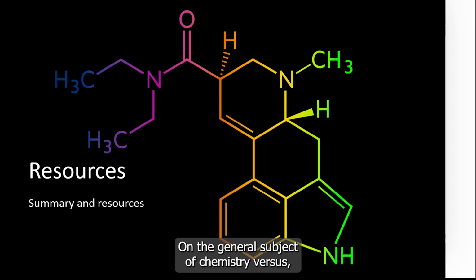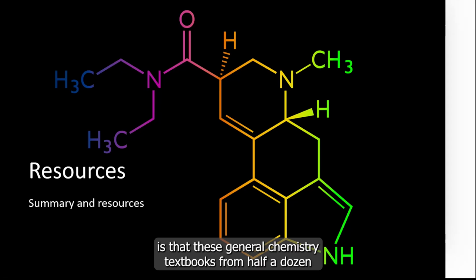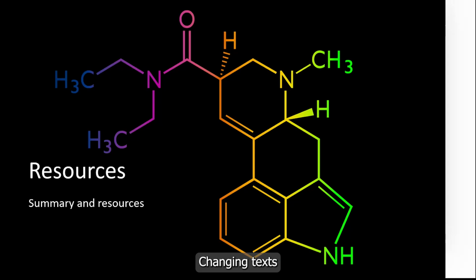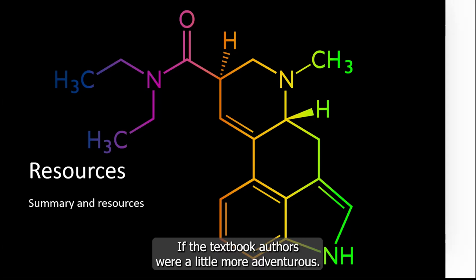On the general subject of chemistry versus, say, math or anatomy, one advantage that we have here is that general chemistry textbooks from half a dozen different major publishers are so similar to each other. Changing texts frequently is not as much work as it would be if the textbook authors were a little more adventurous.